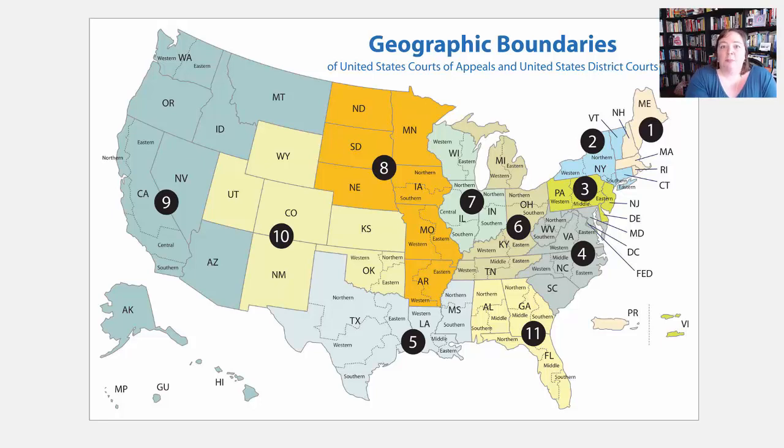So a case with a similar issue that comes up in Michigan would be bound by that precedent, but it wouldn't necessarily be a precedent in all of the other districts. It would only become a precedent, say, in the 11th Circuit in Georgia, if the 11th Circuit Court of Appeals had a similar case and ruled the same way. But it's also possible that on a similar or the same legal question, another circuit court of appeals might resolve the case differently. We'll come back to that in just a minute.